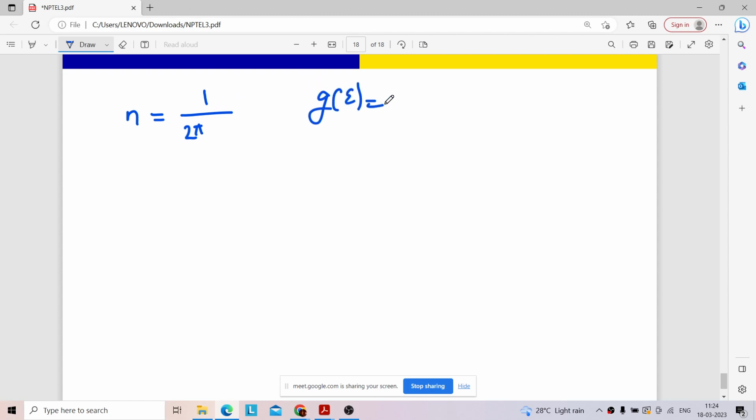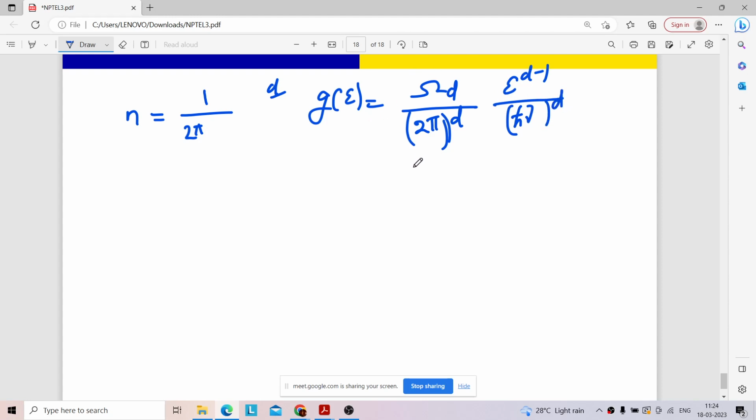G of epsilon, for three dimension or any d dimension, was this: omega d over 2 pi to the power d, and then 1 over e to the power epsilon minus mu over kb t minus 1, h cross nu over d.